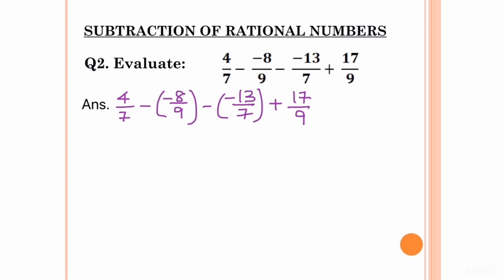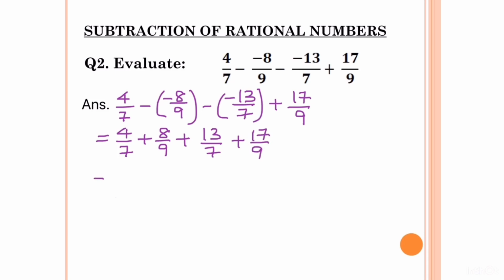This expression is equal to 4 by 7 minus of minus is plus 8 by 9 minus of minus is plus 13 by 7 plus 17 by 9.